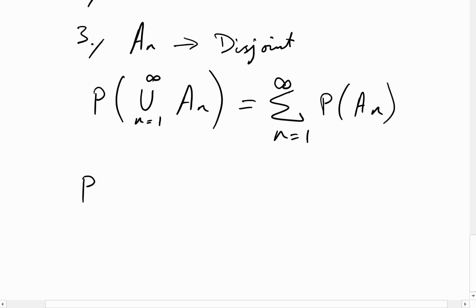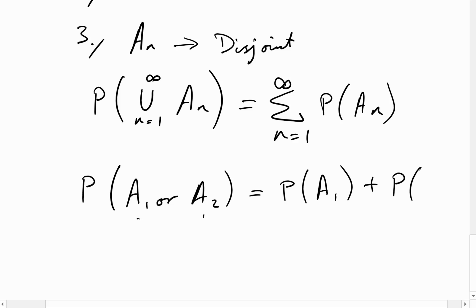The probability of, say, A1 or A2, two distinct events: if they're distinct, then I can just say that's the probability of A1 plus the probability of A2. So the probability of either one happening, either A1 happens or A2 happens, is the probability of A1 plus the probability of A2.